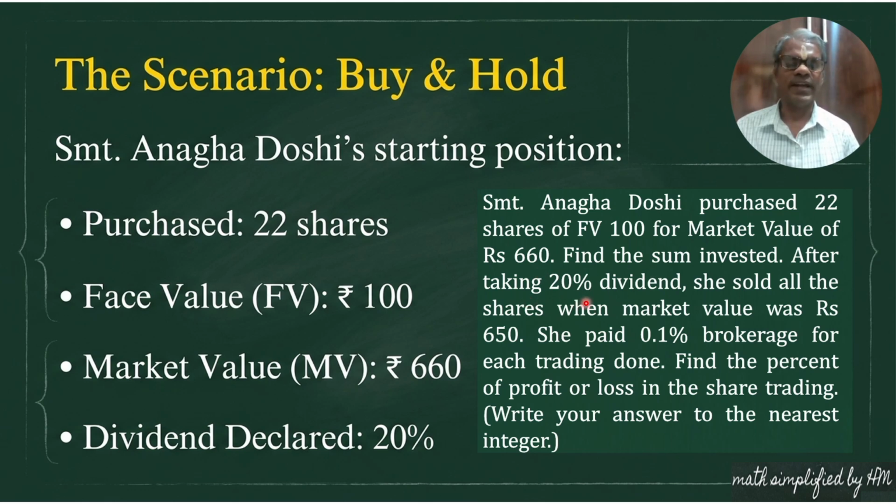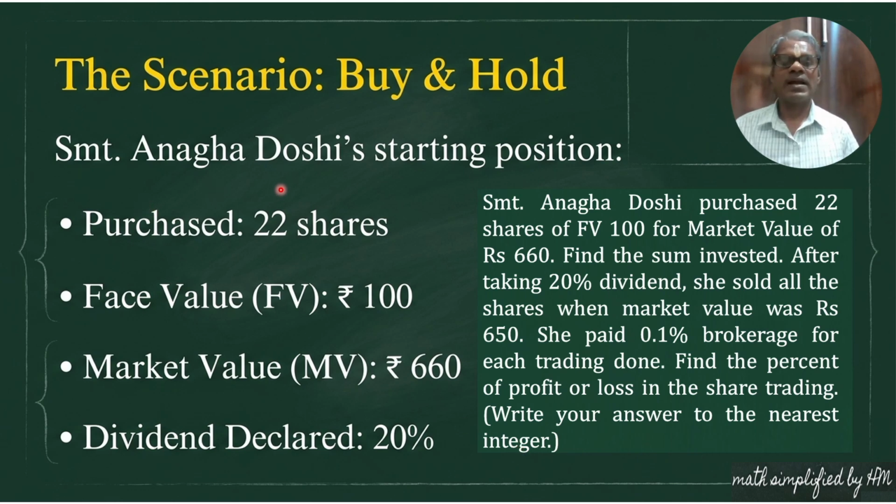After taking 20% dividend, she sold all the shares when market value was rupees 650. She paid 0.1% brokerage for each trading done. Find the percent of profit or loss in the share trading. Write your answer to the nearest integer.